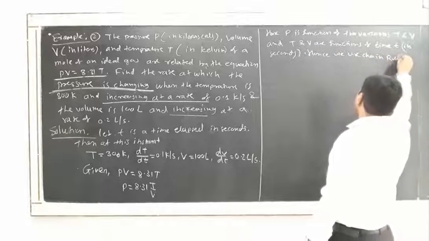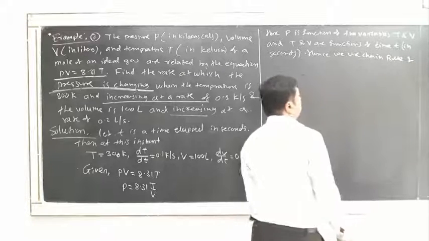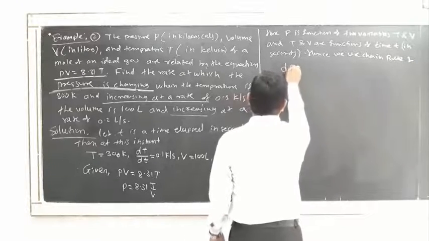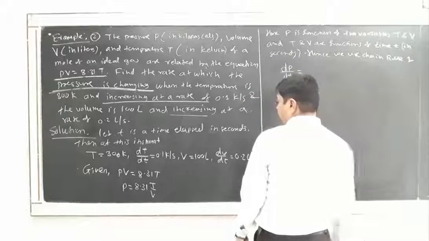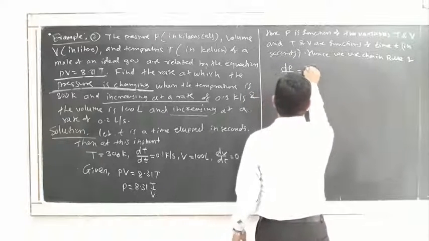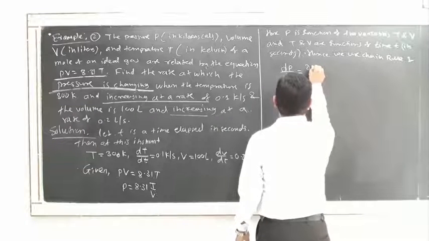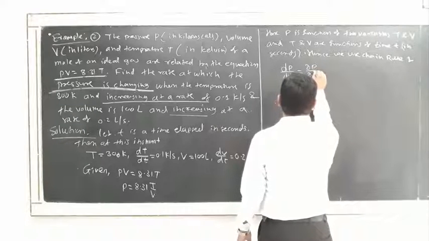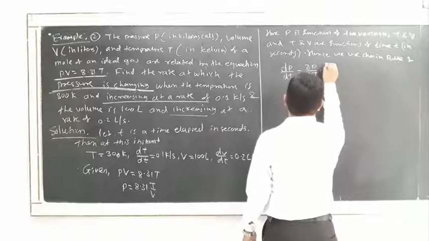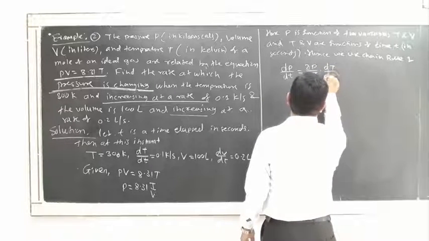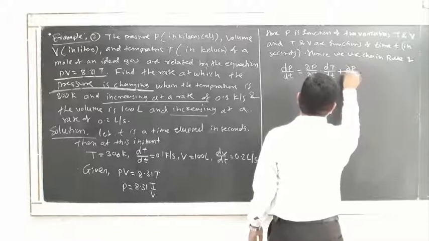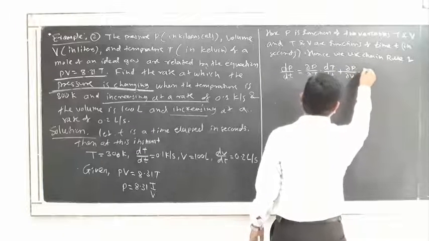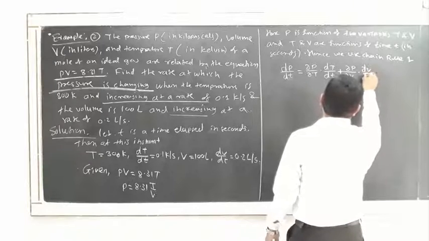Chain rule, case 1, we can write dP by dt equals what? Since P is a function of two variables, it is ∂P by ∂T into dT by dt plus, since P is again a function of V, ∂P by ∂V into dV by dt.